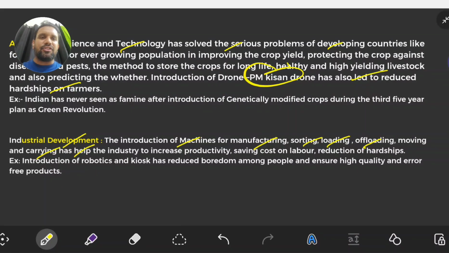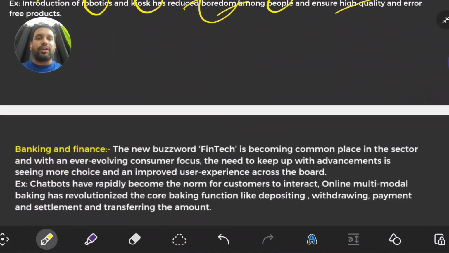Robotics has come, artificial intelligence has come. The integration of robotics has reduced boredom among people and ensures high quality and error-free products. Just imagine if I had to paste Balaji brand stickers on chips. That would be my work. How bored I would be in my life doing this. That's why robotics, with the help of machines, can replace what? Boredom. Remember this point.